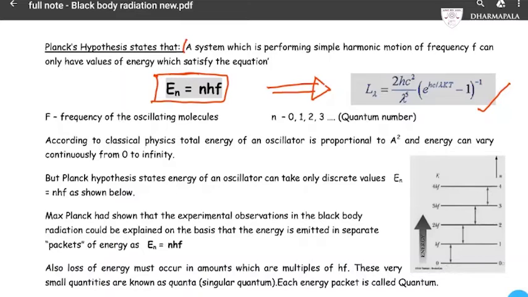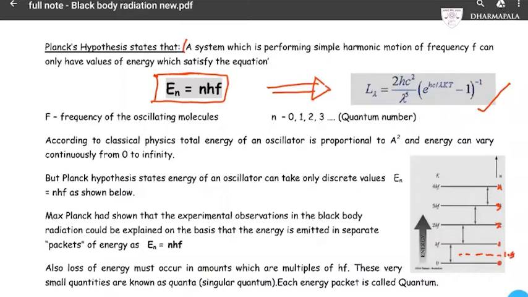As I mentioned earlier, the atoms of the cavity wall have discrete energy values starting from 0 energy, 1, 2, 3, 4. But they don't have in-between energy values like 1.5, 0.5, or 2.4.